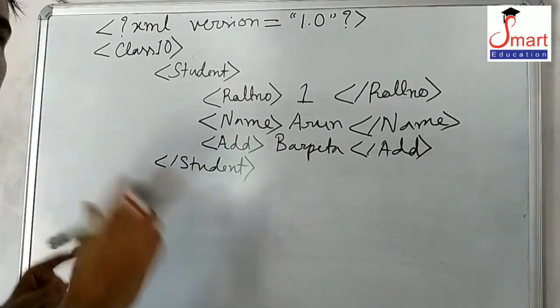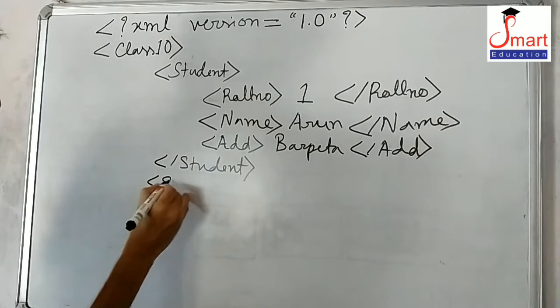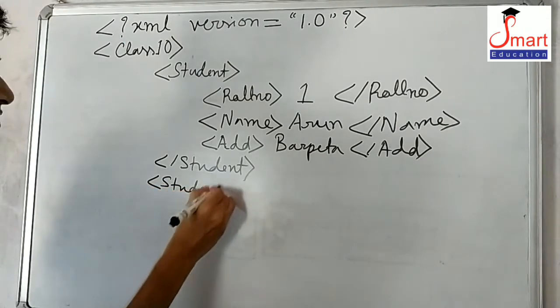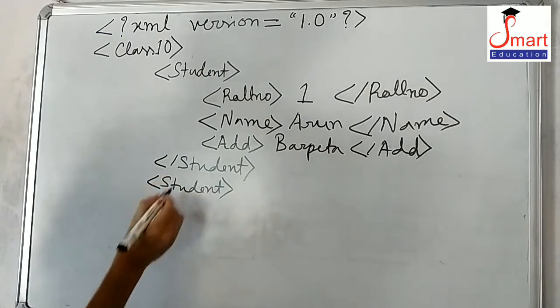Now we can start roll number 2. So roll number 2, in the same way, you just write here Student. As I'm writing capital, you can write in small if you want, but in closing you must give the same as the opening.